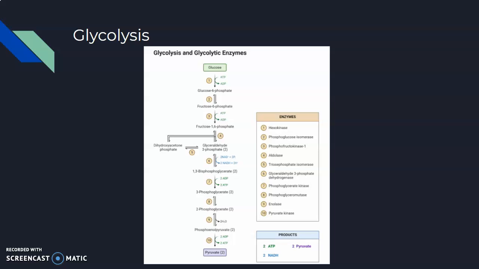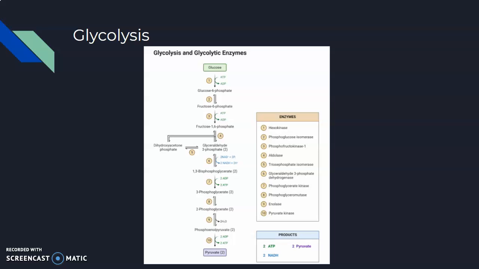And we'll talk a little bit about the conversion ratio, but there is ATP involved in that as well. And then we see from step 7, 1,3-bisphosphoglycerate to 3-phosphoglycerate produces 2 ATP from 2 ADP, and that's catalyzed through phosphoglycerate kinase, which is done using what's called substrate-level phosphorylation.